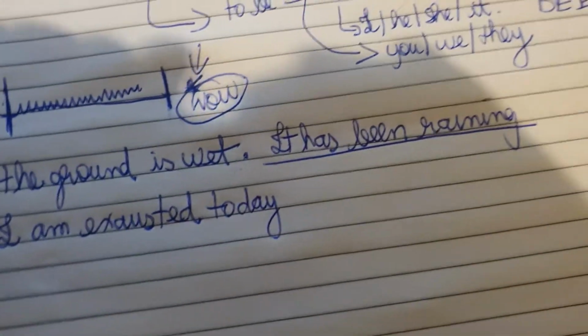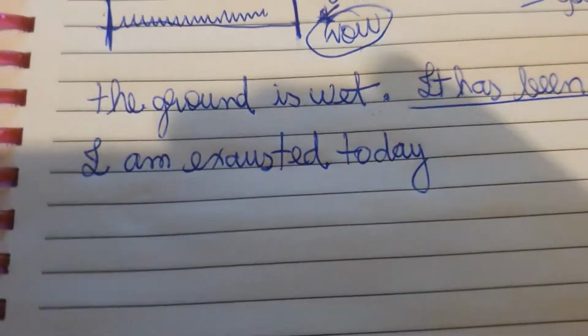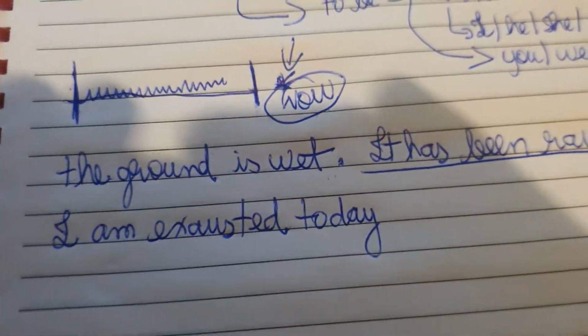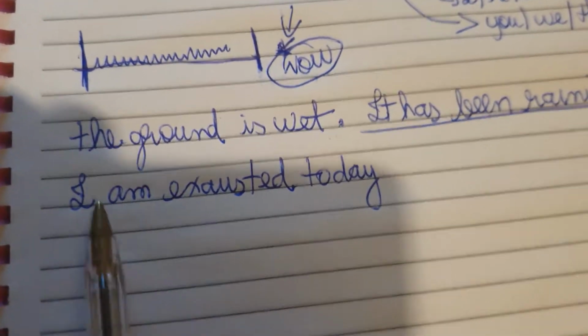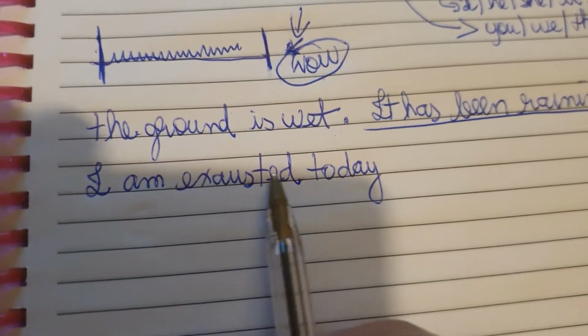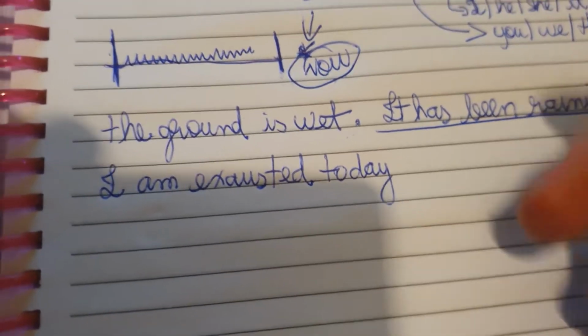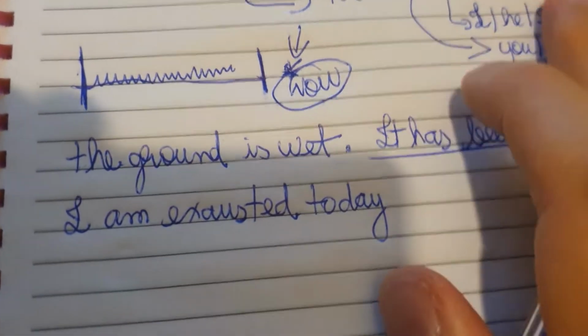It's not just an example, right? It's a reality. As a matter of fact, I am exhausted today. Why? What's the reason you are exhausted? So I am exhausted today, and someone asks you, why are you exhausted? What happened?